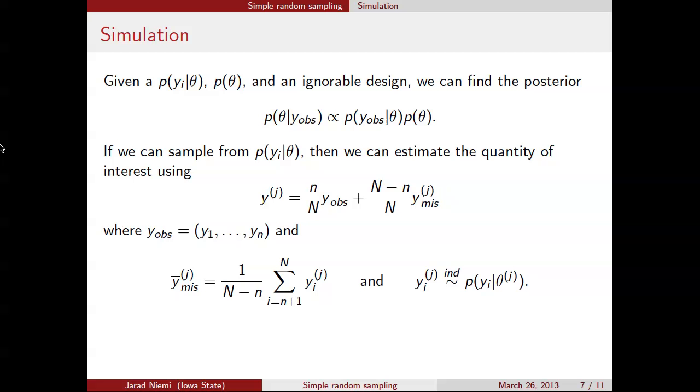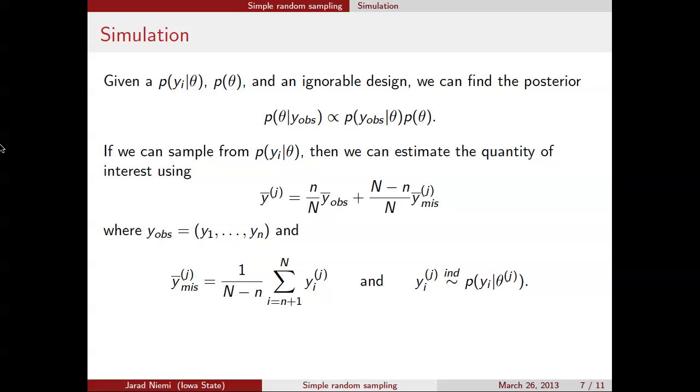We're going to simulate the missing data. I should make it clear that this is i. The observed data go from 1 up to n, and the unobserved, or missing, data go from n plus 1 up to capital N. All the yi's from n plus 1 up to capital N are unobserved, so we're going to sample them.